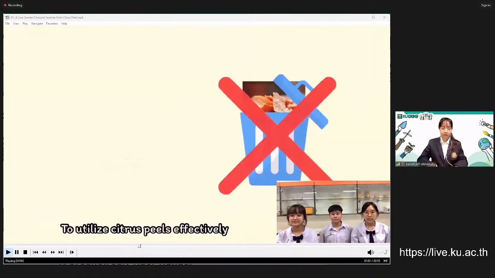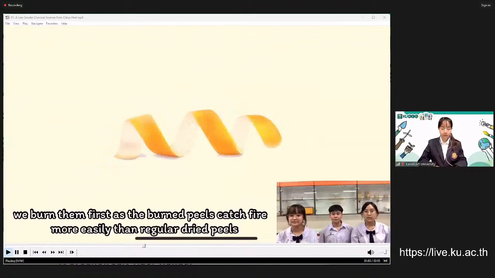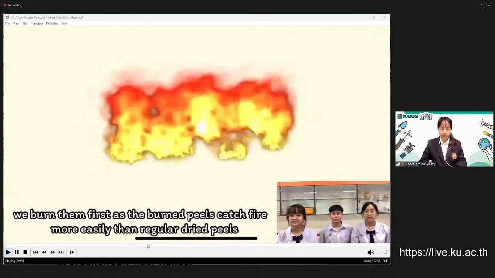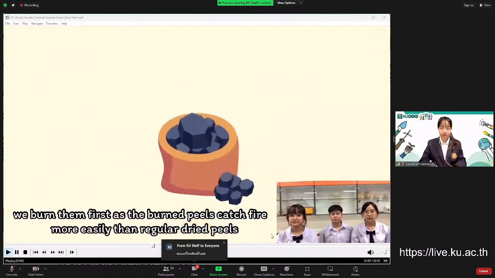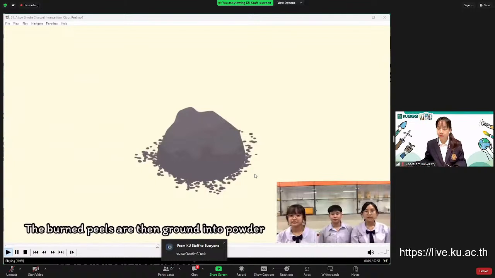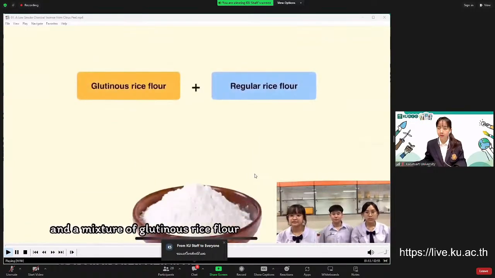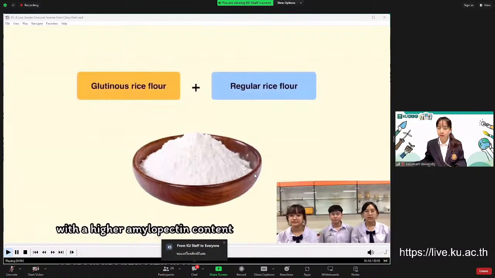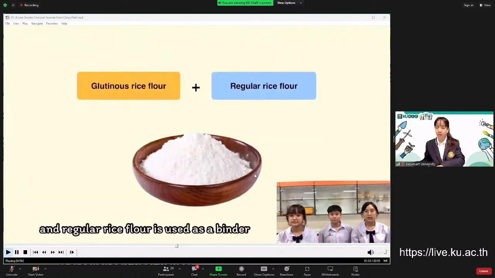To utilize citrus peel effectively, the blended peels catch fire more easily than regular dry peels. The blended peels are then ground into powder. A mixture of rice flour with a higher amylopectin content and regular rice flour is used as a binder.